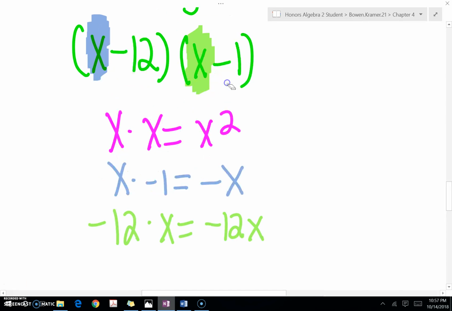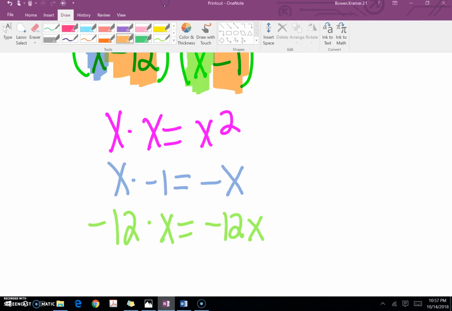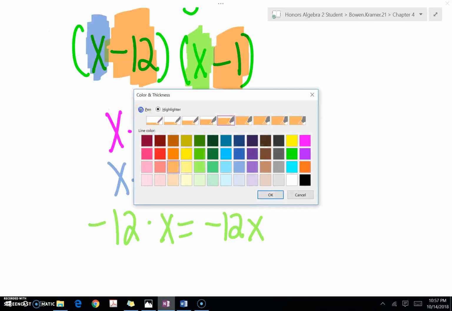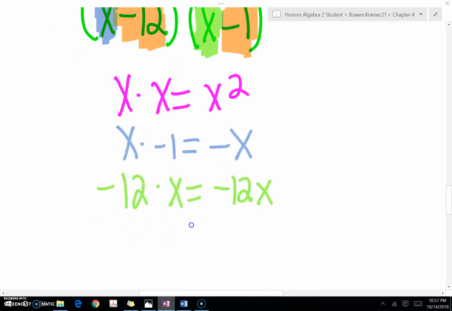Finally, we're going to take the two last ones. The last one in FOIL, L, stands for last. So we're going to take this -12 right here and this -1, and multiply them together. So -12 times -1 equals +12, which I'm going to write with a plus because that's going to be beneficial to us, okay?